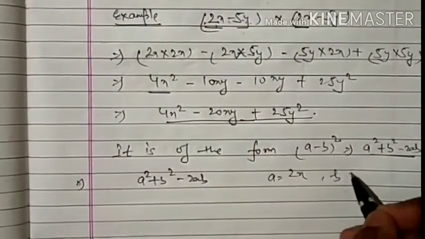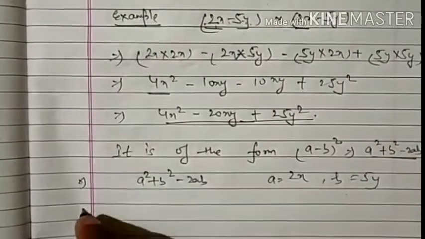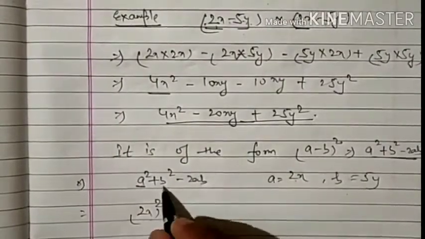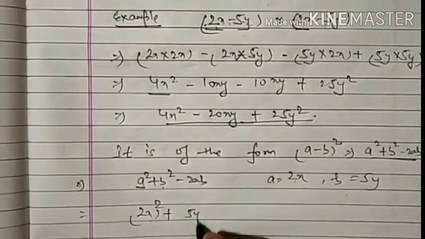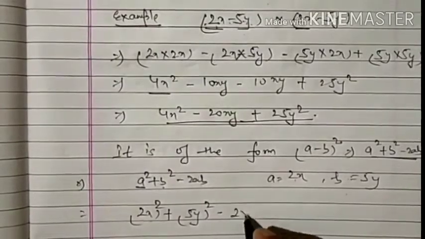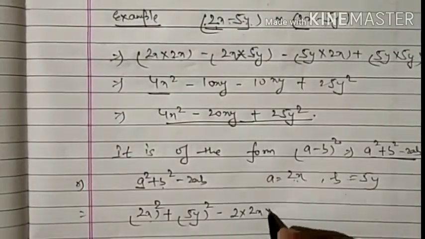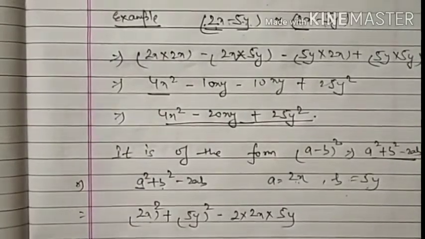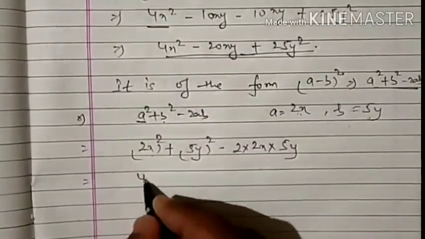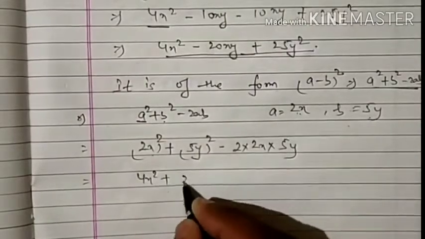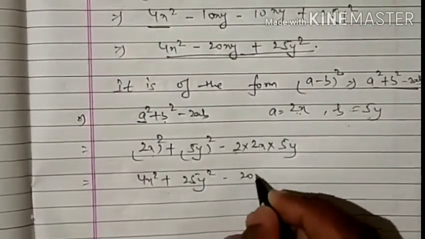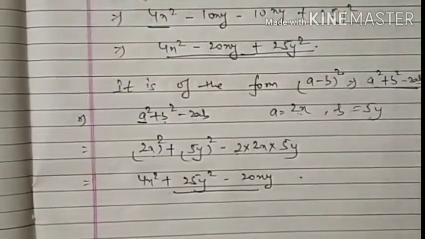B is 5y. So a square, so 2x square, plus b square. What is b? 5y square, minus 2ab, 2 into a. What is a? 2x. And what is b? 5y. What do we get? 2x square is 4x square, plus 5 fives are 25y square, minus 2 times 4, 4 fives are 20xy. So this is our answer.